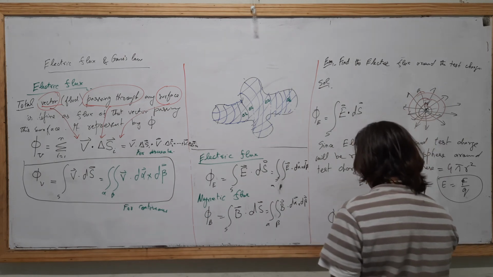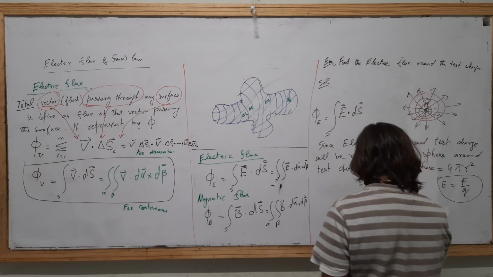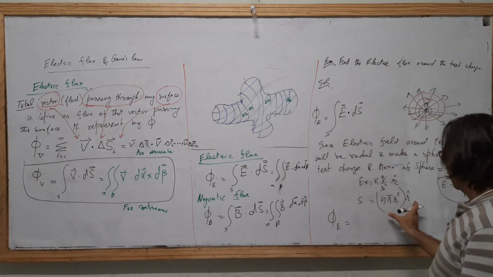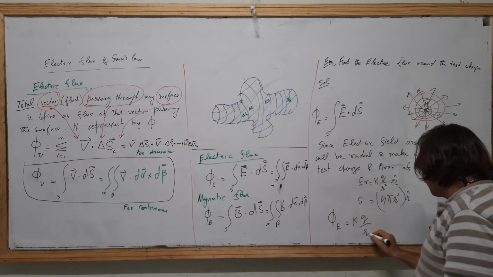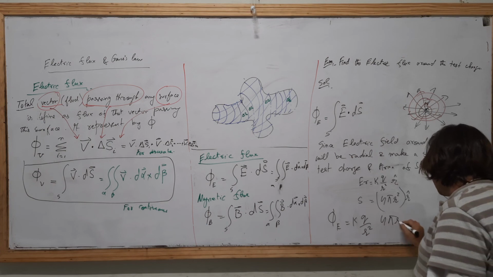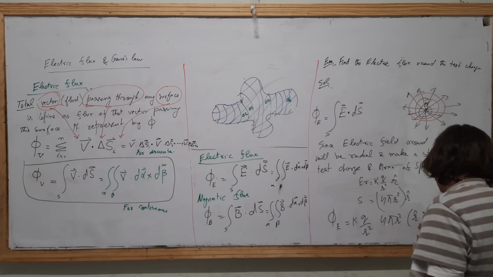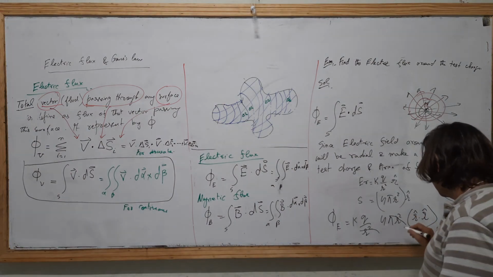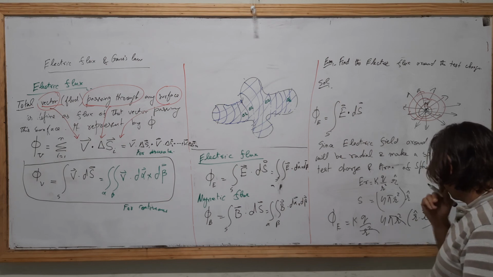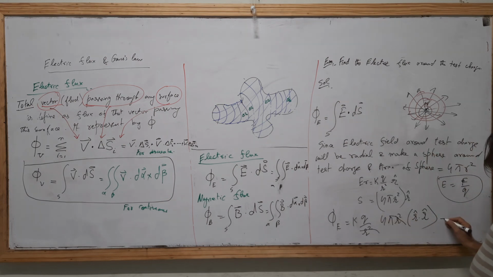So flux will be equal to, integration will be eliminated because I have taken the total area. So K Q over R square, 4 pi R square, R dot R, that will be 1. The dot product of unit vectors is 1, and R square cancels with R square. So this will be Q, K is 1 divided by 4 pi epsilon naught.